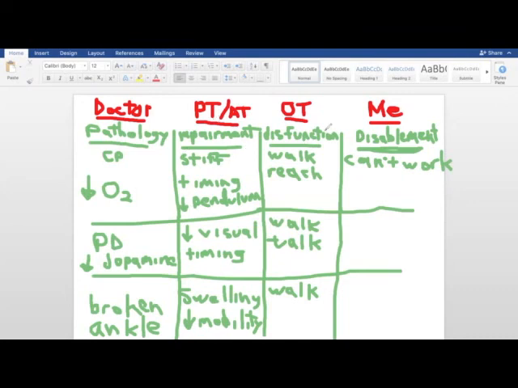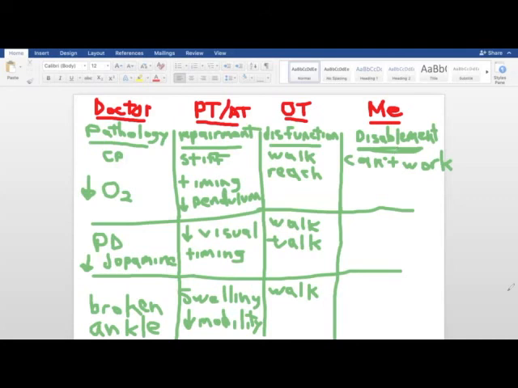How do I help them improve function so their ability to be a grandmother, or to be a worker, or to be a bus driver, or to be anything that they choose to be, can emerge? So I would argue that our goal is not necessarily to fix everybody, it's to manage everybody so that they can manage themselves in our complex society.